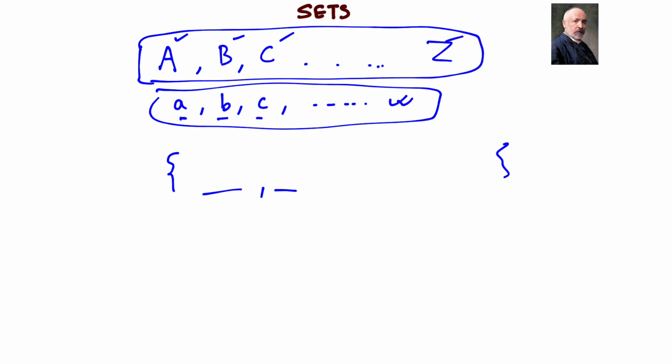And how do we say that? Set A or set B. Now, one more important thing about sets is that there is one symbol like this. We call it epsilon.